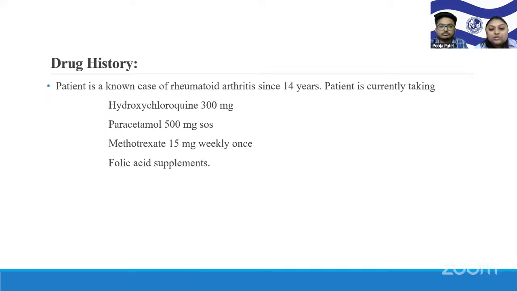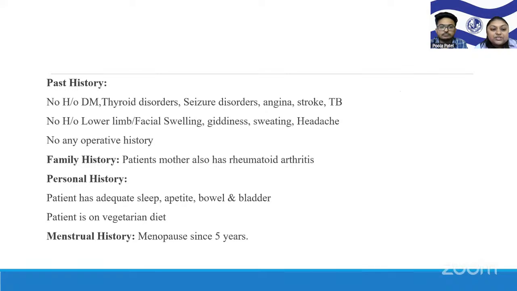The patient is a known case of rheumatoid arthritis since 14 years and is currently taking hydroxychloroquine 300 milligram, paracetamol 500 milligram as and when required, and methotrexate 15 milligram once weekly along with folic acid supplements. The patient does not have any significant history of systemic comorbidities like diabetes mellitus, thyroid disorders, seizure disorders, stroke, angina, or tuberculosis.